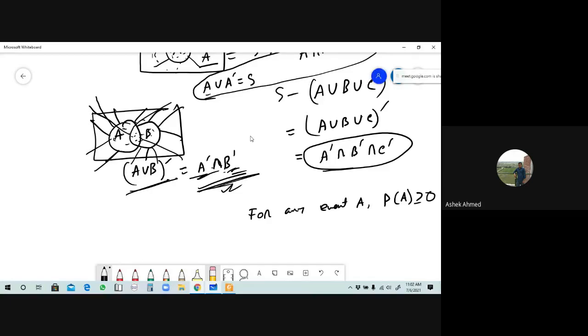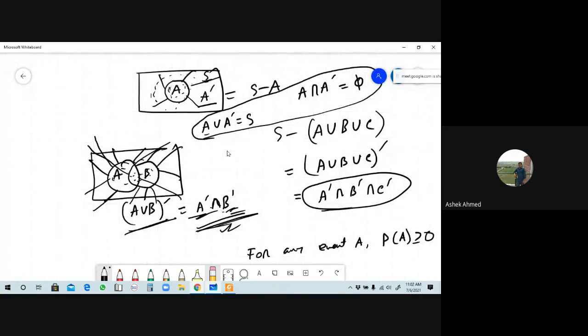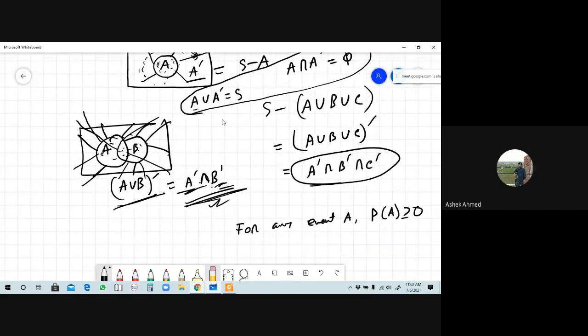From here, S represents the universal set or sample space. You have to remember that.